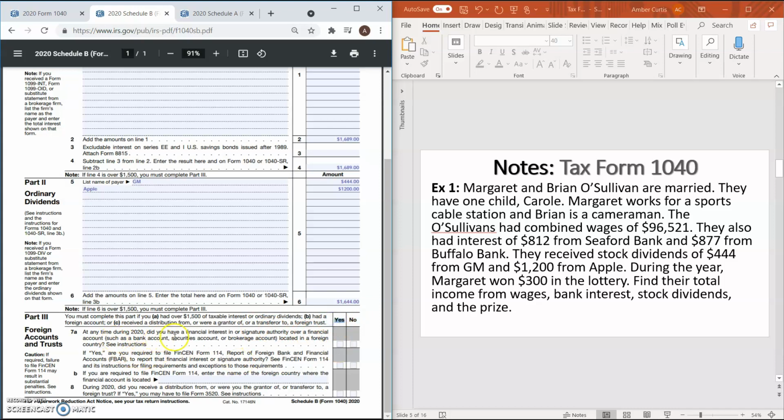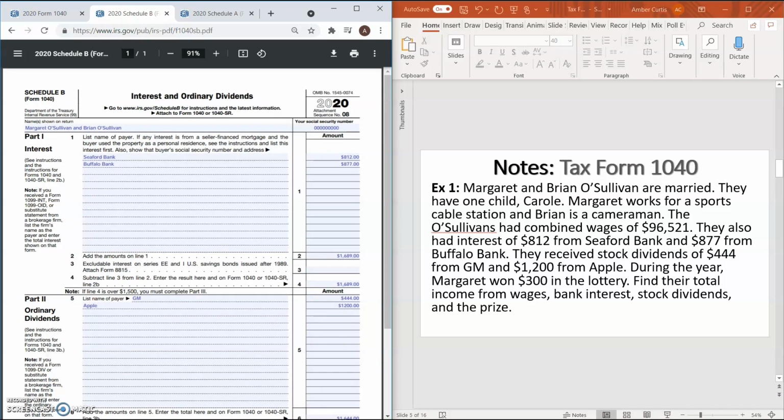At any time during 2020, did you have a financial interest in or signature authority over a financial account, such as a bank account or securities account, located in a foreign country? No. GM and Apple are both American companies. So no, and no. All of these are no's. And that is it for Schedule B.